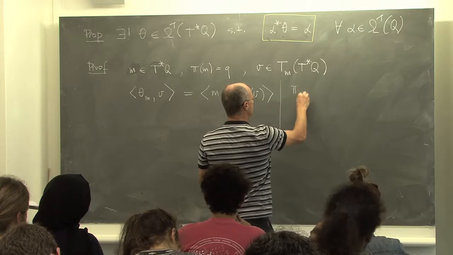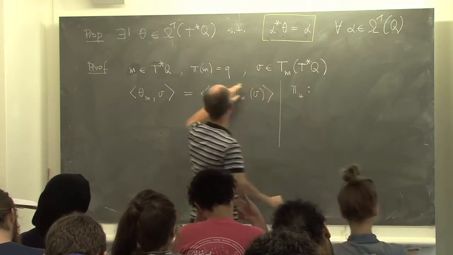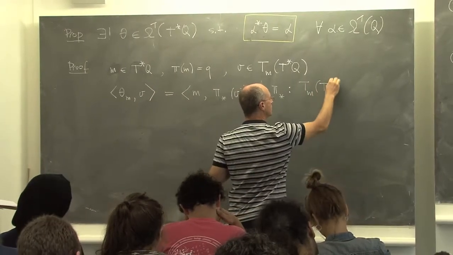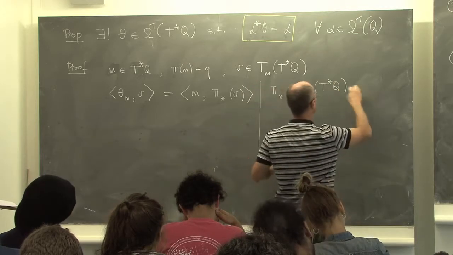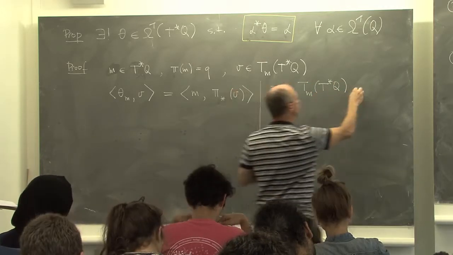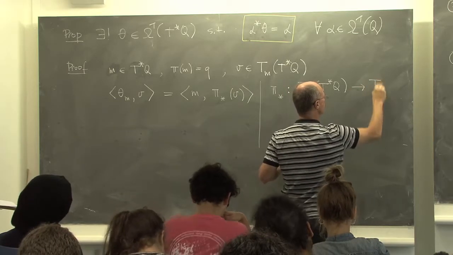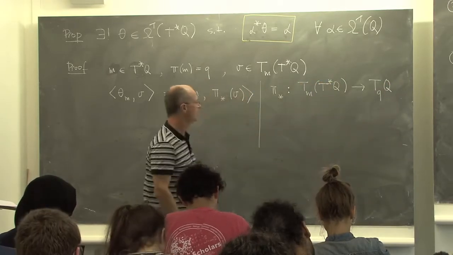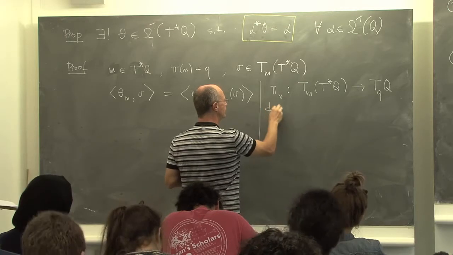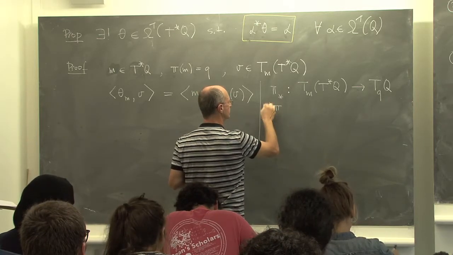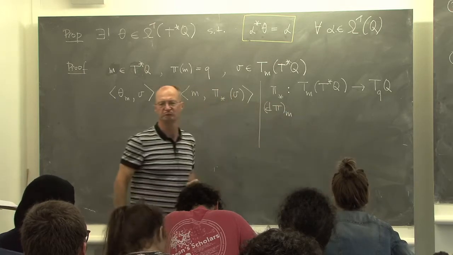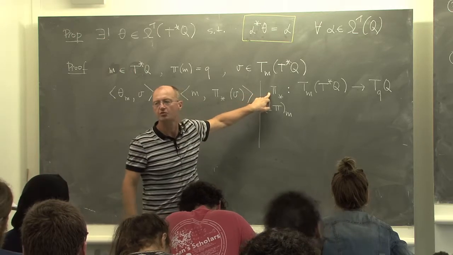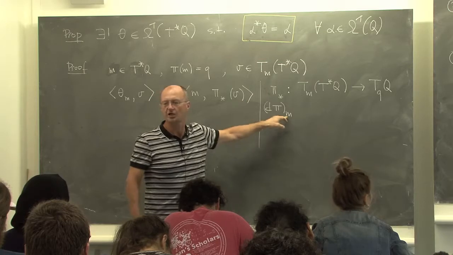For me, pi lower star is the tangent to the projection map, and it goes from the tangent space at M to the total space to the tangent space at Q, which is pi of M of Q. Sometimes another notation for it is d pi M. I don't quite know which notation you prefer. So that's the map which pushes forward vector fields.